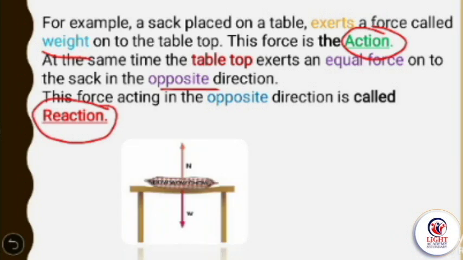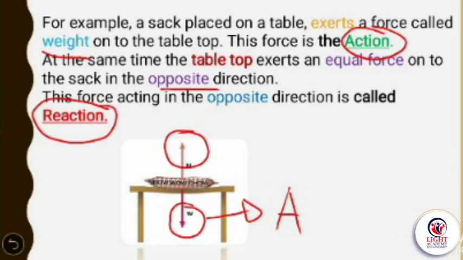Illustration here. So the weight of the sack is W, and this weight is being exerted on the top of the table. In this case, this is our action. At the same time, the tabletop exerts an equal force on the sack, but in the opposite direction, and this force is called the reaction force.